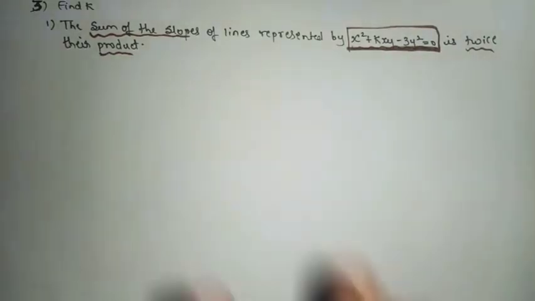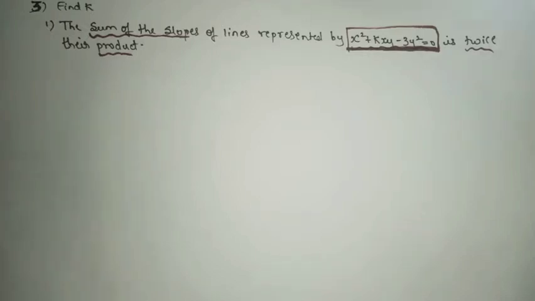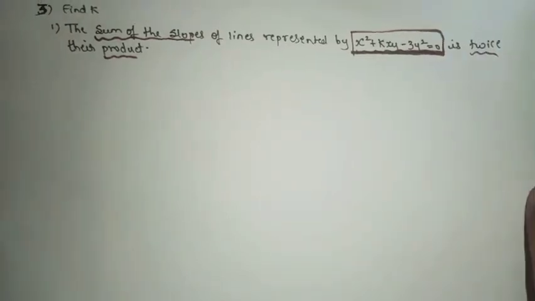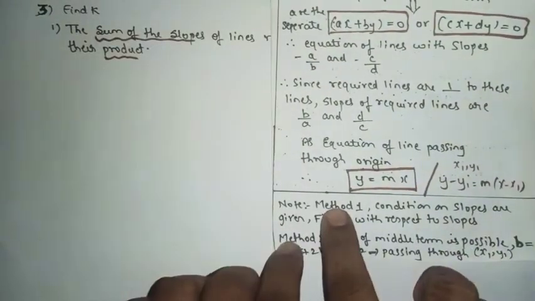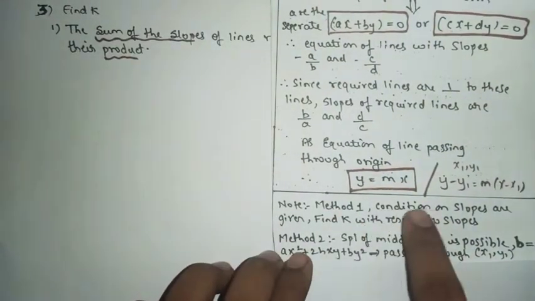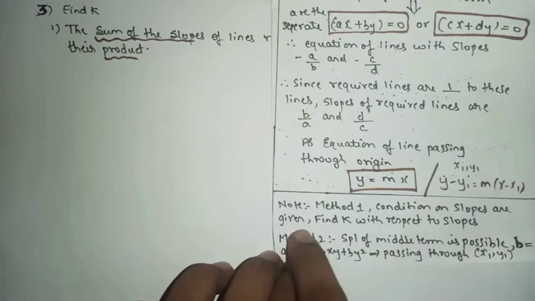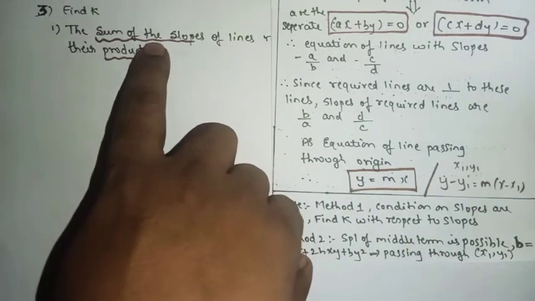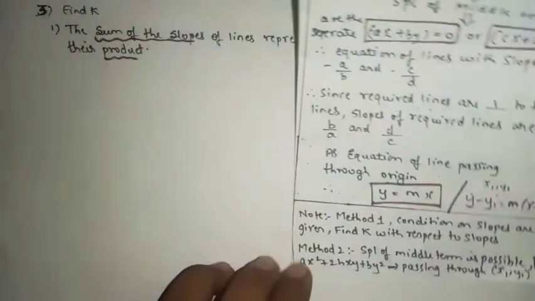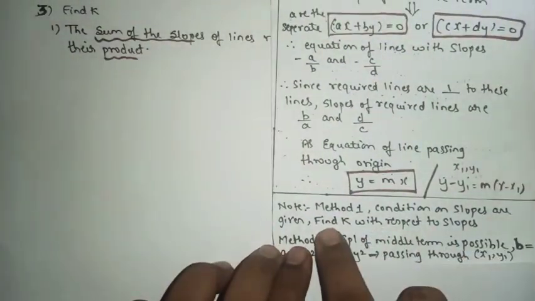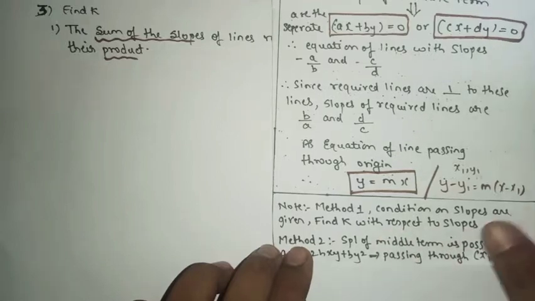So again, this sum number 3 is from the type number 2. So we have to guess now whether the method number 1 will come, yeah, method number 2. As I had explained in the method number 1, whenever there is a condition on the slopes given, like here we have the condition of the slope, sum of the slope is twice their product, or else we have to find the value of k with respect to the slope.